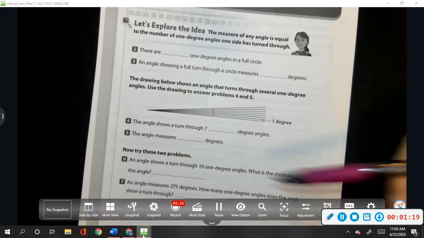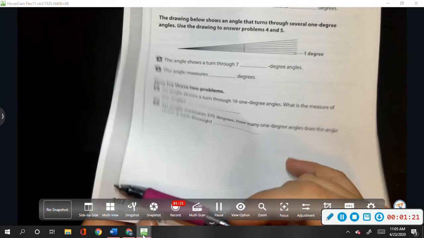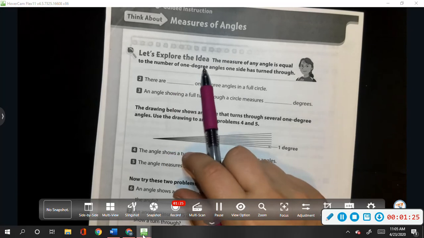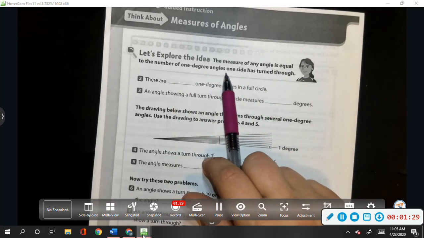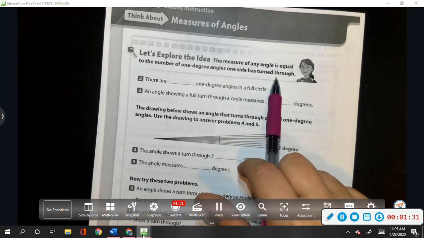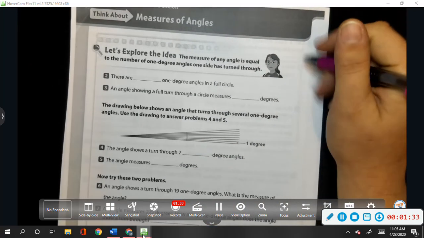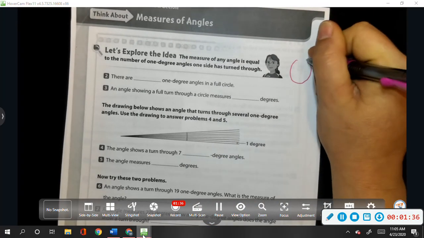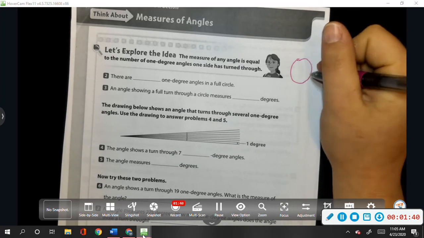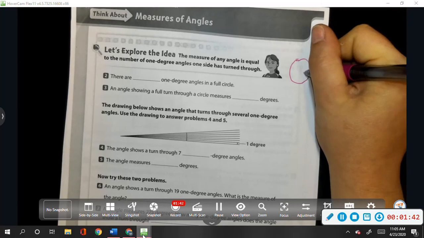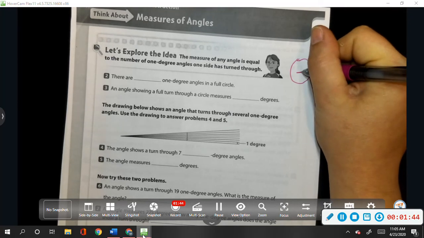Alright, so we're on page 302 in the instructional book. It says, let's explore the idea. The measure of any angle is equal to the number of 1 degree angles one side has turned through. So what that's saying is if we have a circle, and our circle, we started with an angle of 1 degree.